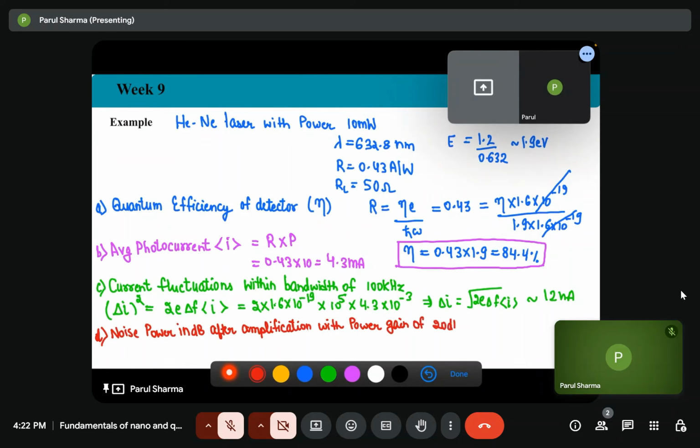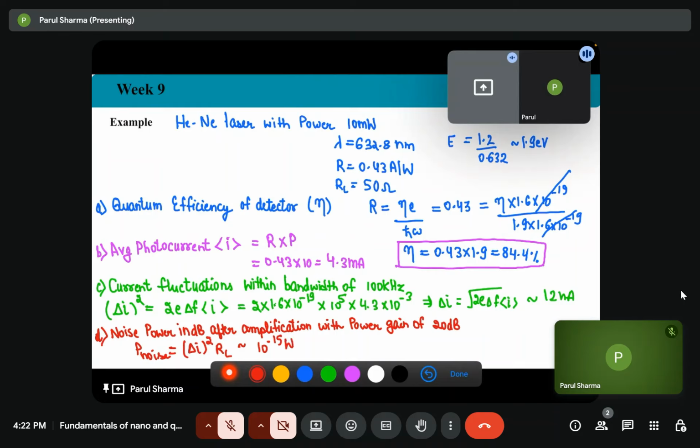So noise power is given by delta I square into RL, which will give us 10 raised to power minus 15 watt.